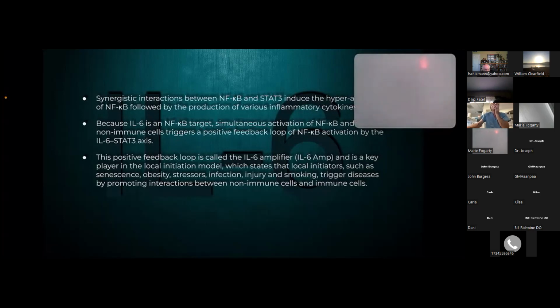Okay, so you see that you have non-immune cells, which are triggered by senescence, obesity, stressors, infection, injury, smoking, viruses, okay? And that those non-immune cells then call or communicate with the immune cells. So it's all about this non-immune cell, immune cell interaction, and the positive feedback loop is like the combination.